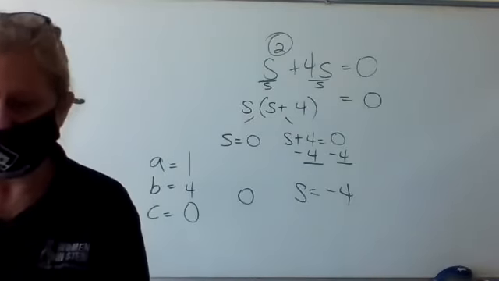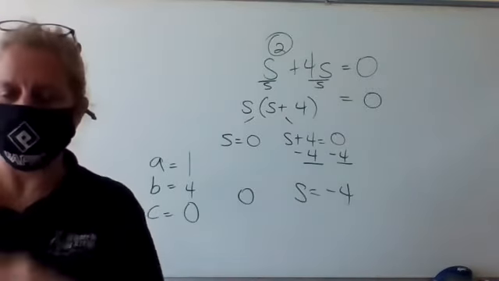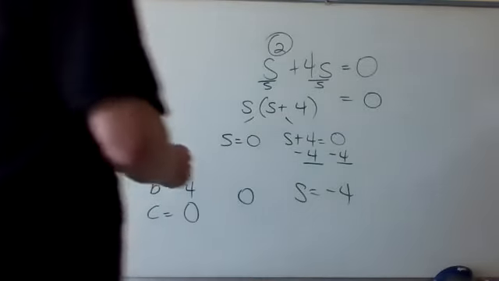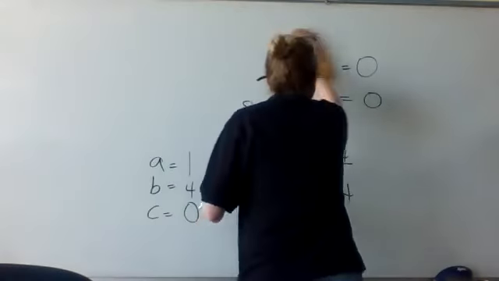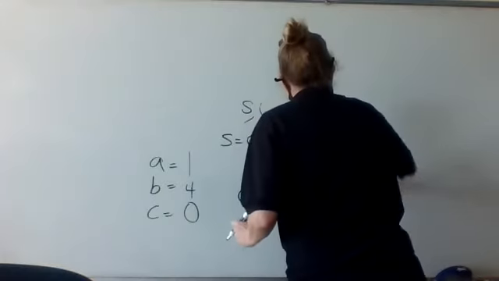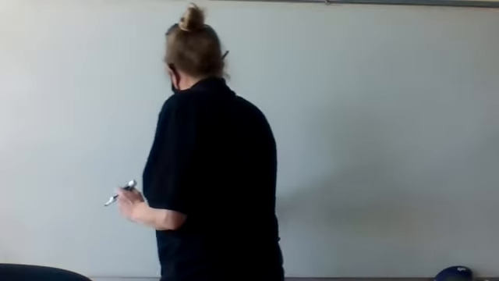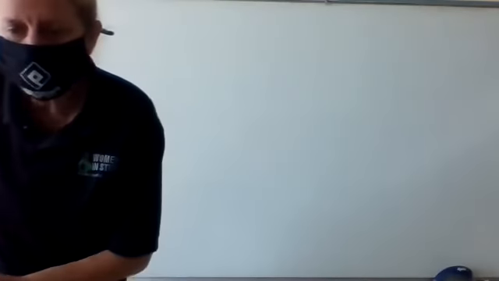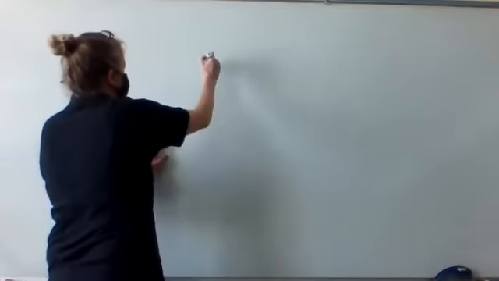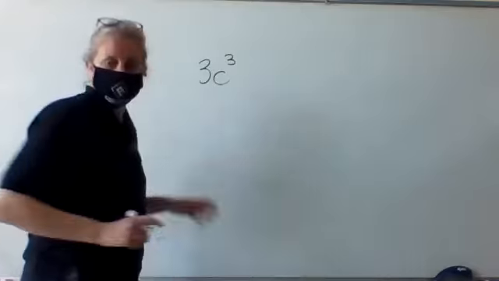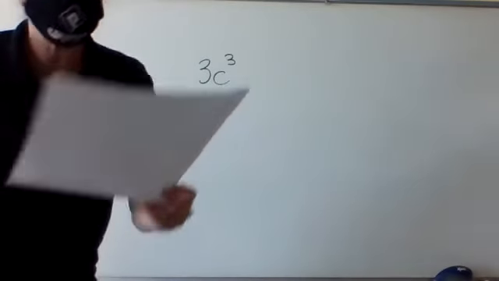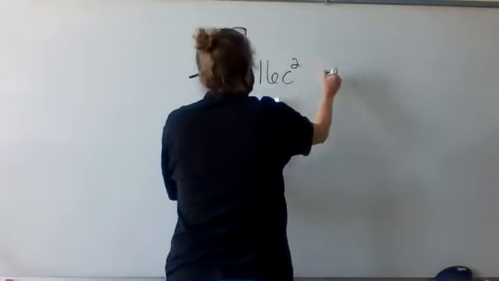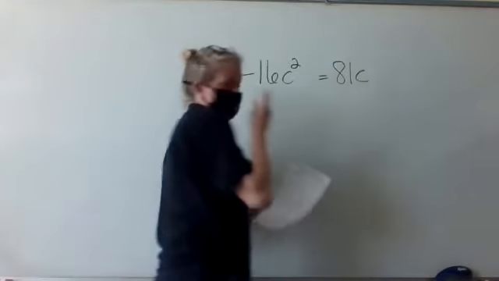Okay, so we're going to do the other 2 using the program. Let's look at number 5. 3c to the 3rd minus 16c squared equals 81c.